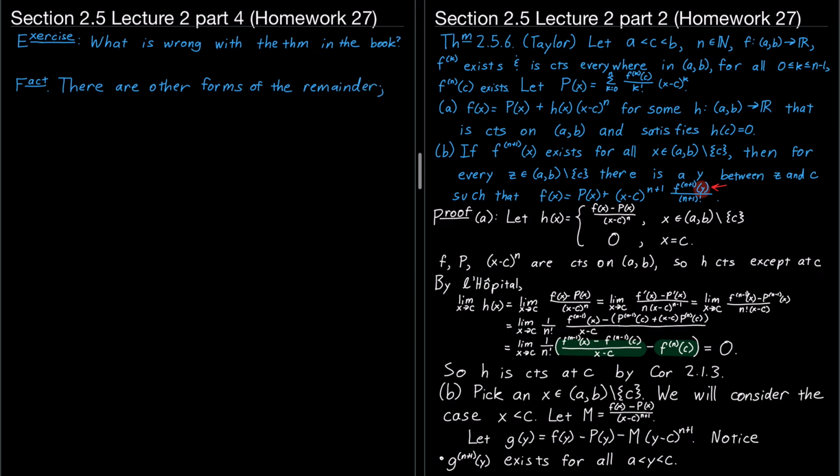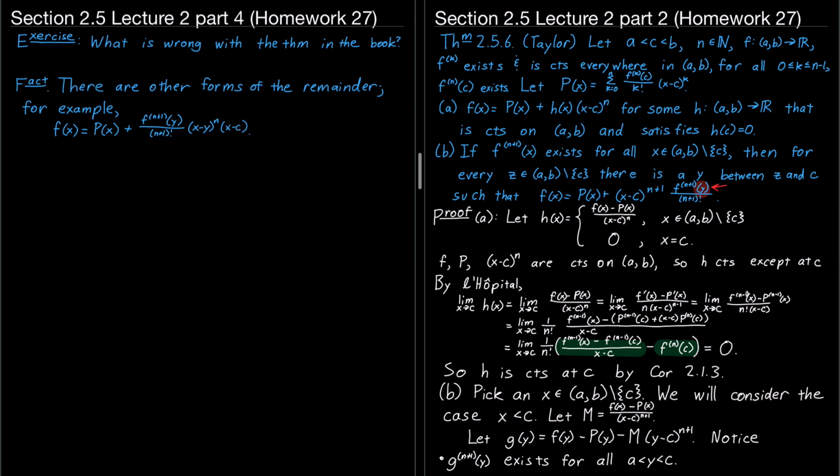So, for example, it turns out that f of x is equal to our polynomial, and then there is always a y, and then instead of having an x minus c to the n plus 1, we've got an x minus y and an x minus c showing up.